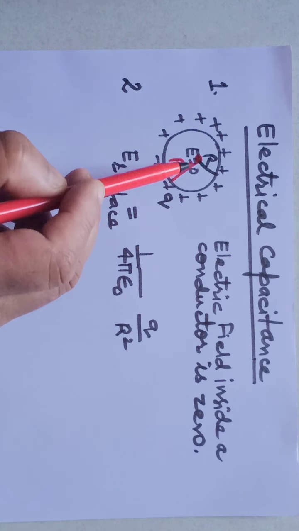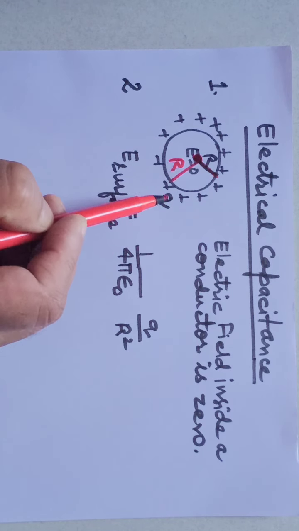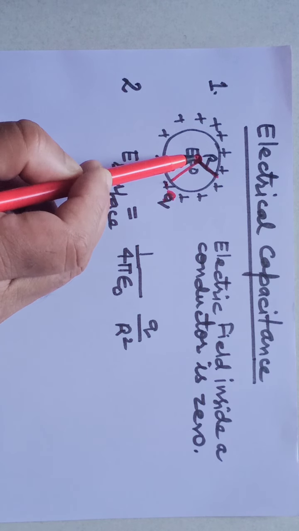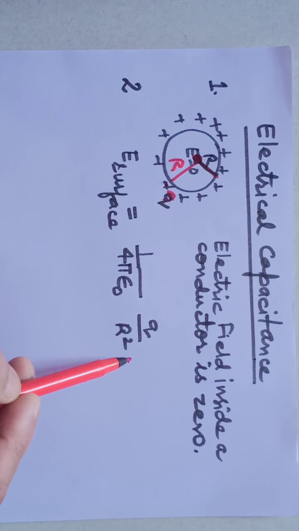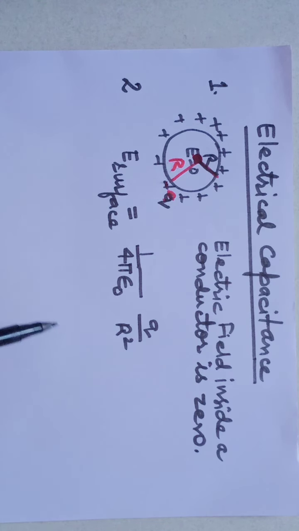For a sphere, we think as though the total charge is concentrated at the center, so the distance is R, Q is here, so the electric field on its surface will be this much value.